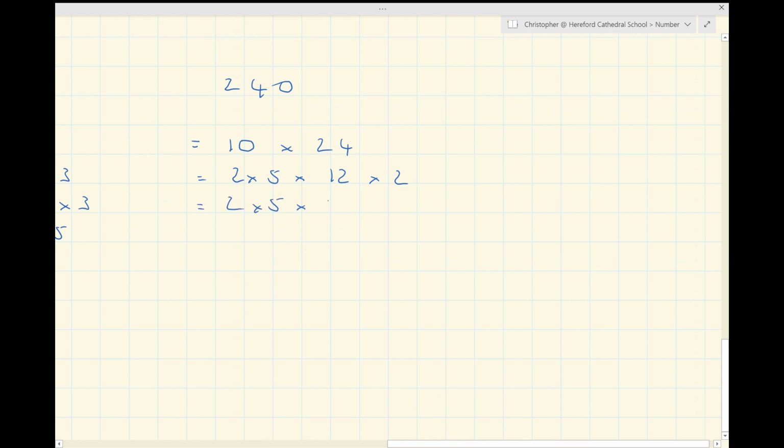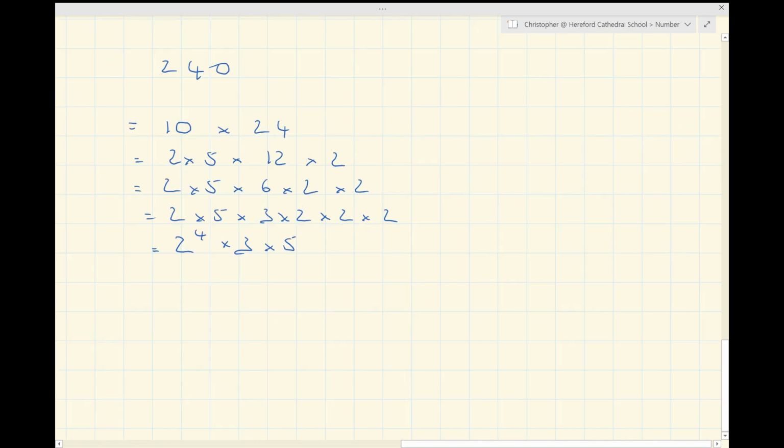Now 12, I'll make that 6 times 2 times 2. 2 times 5 times 6 is 3 times 2 times 2 times 2. And now you can see that I've got 2 to the power of 4 times 3 times 5.